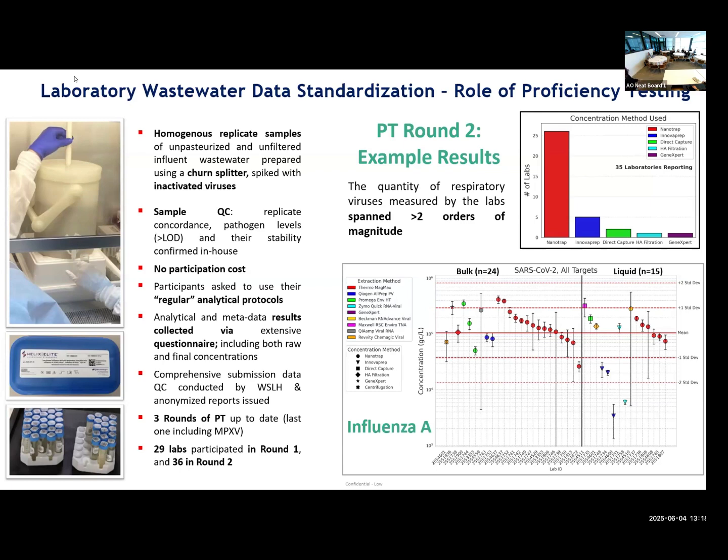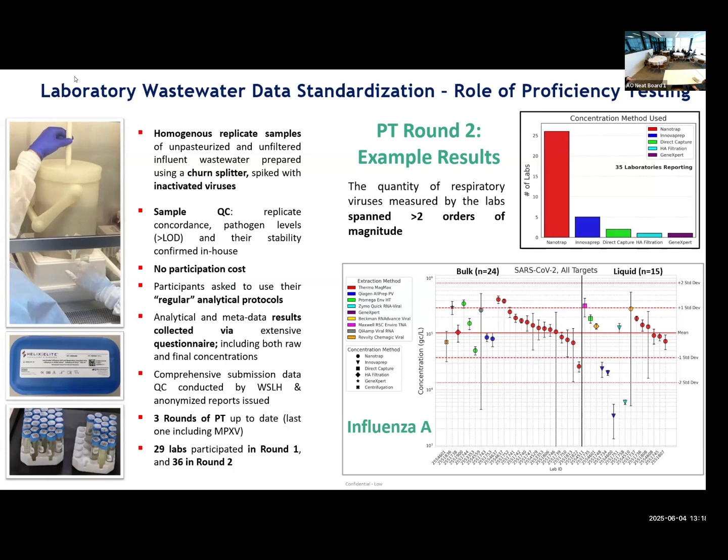We're just trying to provide it as a service so that at the end of this, when you get these samples that I've just described briefly, we ask you to run your regular protocol. So if we're giving you a sample with flu, RSV, and SARS-CoV-2, we ask you to do what you would normally do for your analysis and then send us the data back.